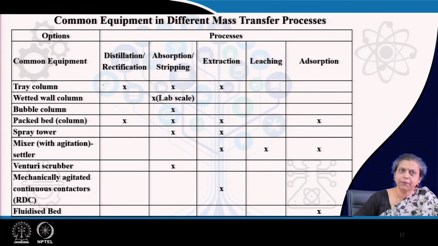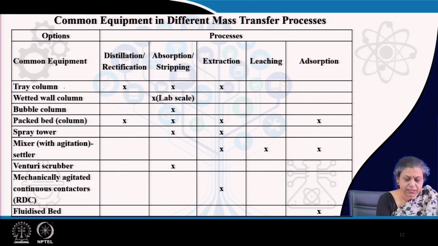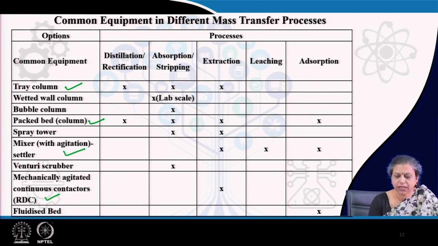So, depending upon which phase should be dispersed and how much contact we require, different processes are typically performed in different types of equipment. While we discuss the processes, we will be primarily discussing tray columns and packed beds, and while we discuss liquid extraction, we will be discussing mixer settlers and maybe we will be mentioning something about the rotating disc contactors.